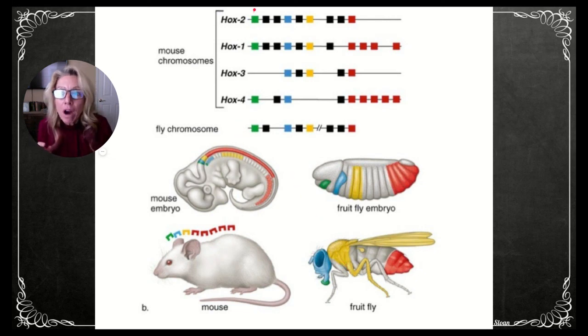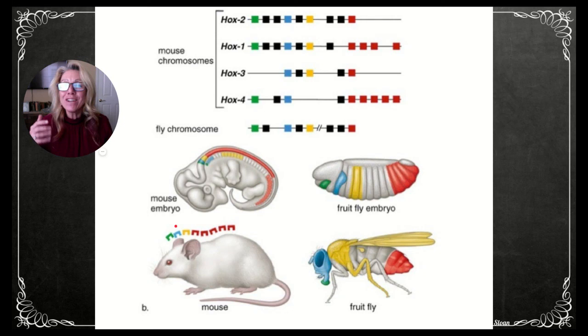It's showing you the Hox genes, and look at the similarity in what genes are active and what they control as far as where the head region is, where the midline is. This is conserved, and this shows, right, this common ancestor, because you see the same genes turning on and making the same proteins in development. All right, and I gave you that in there.